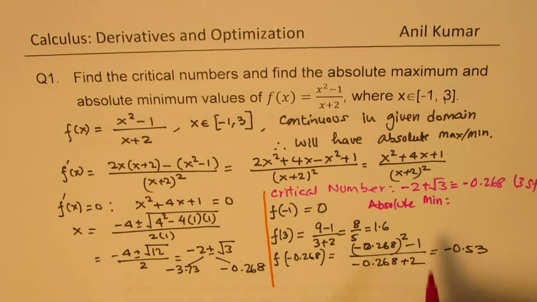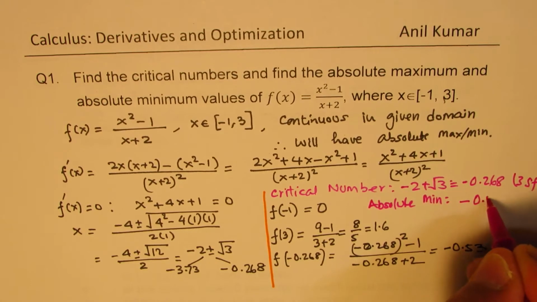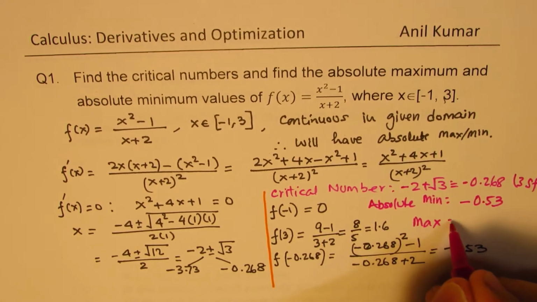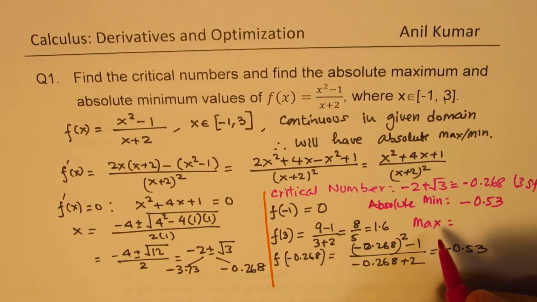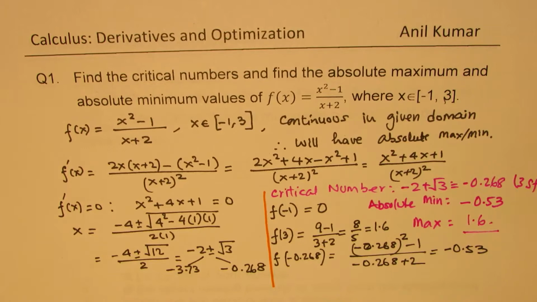So the absolute minimum value is minus 0.53, and the absolute maximum value is 8 over 5, which is 1.6. So that is how we are going to write our solution. Is that clear to you?